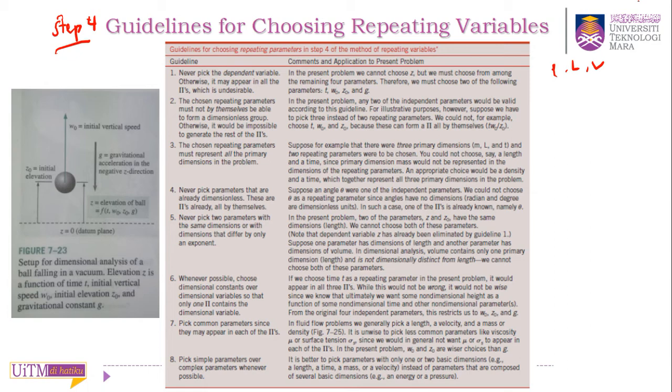These are the guidelines. There are 8 guidelines, a lot of guidelines. I'm not sure whether these guidelines are provided to you in the question. I don't think so. That means you need to know and understand these guidelines.